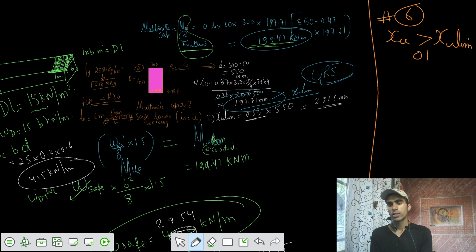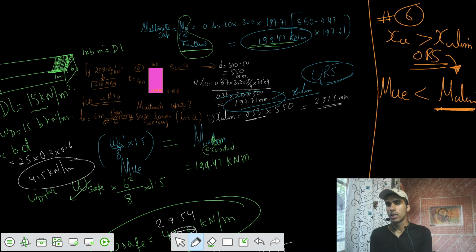So we said that this section was an over-reinforced section, and in that case we said your external bending moment should be lesser than that limiting condition, because our moment was corresponding to the limiting neutral axis location, because the section was over-reinforced. So we had to limit our moment capacity to the limiting moment of resistance. We don't want to use the actual moment of resistance, because that would make the steel unutilized because of the over-reinforced section.